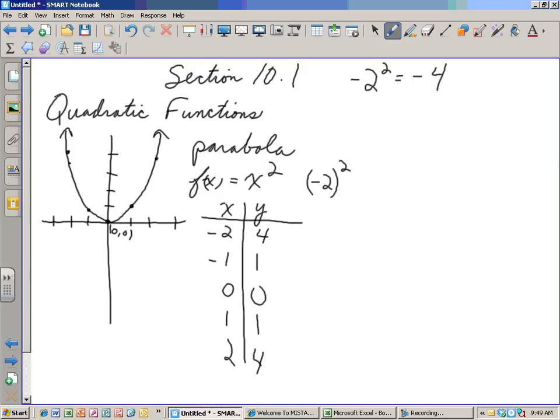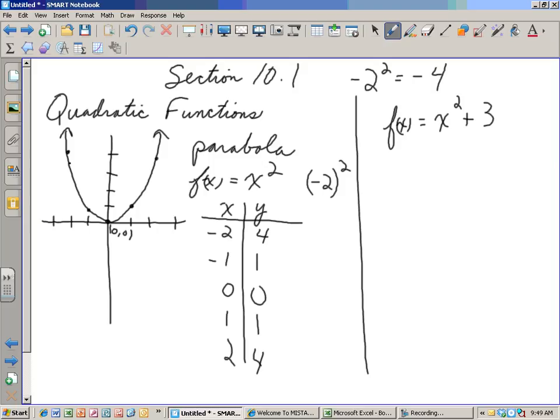What do you think will happen if we took x squared and added 3? What do you think would happen if you graph that? What do you think, Emily? Probably start at the 3.